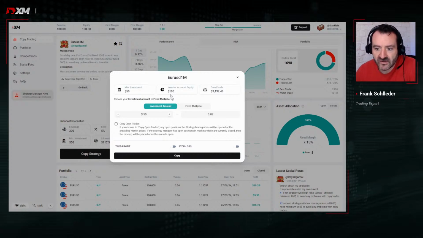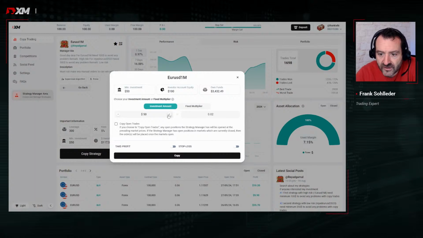So I would like to invest now in this account $100. So you see a fixed multiplier because the signal provider, I'm not sure if it's a lady or a gentleman, uses 3,400 as own funds. So the multiplier is 0.05.